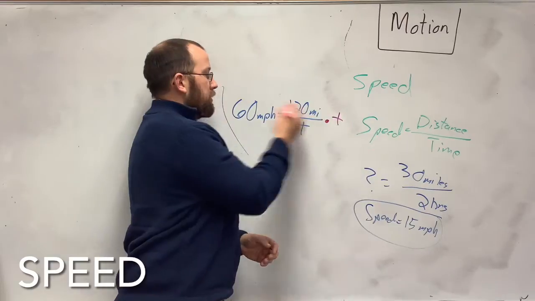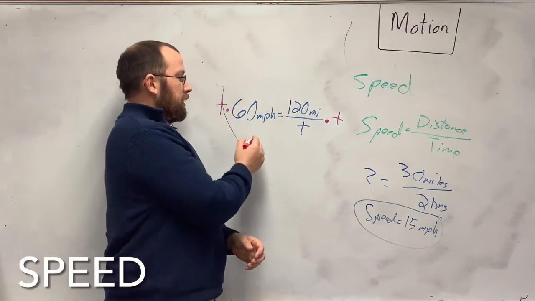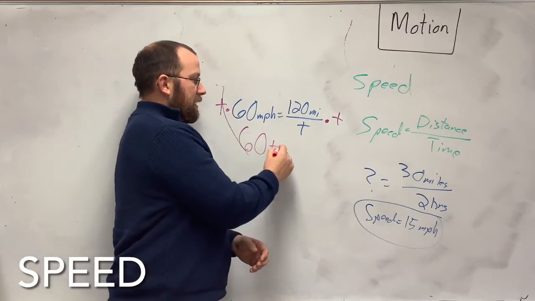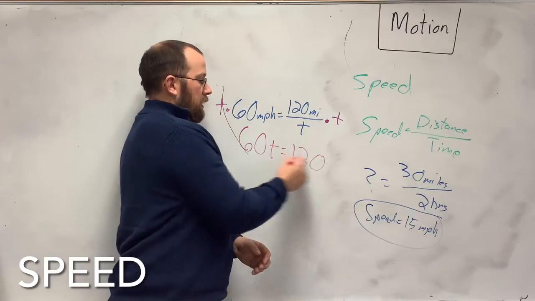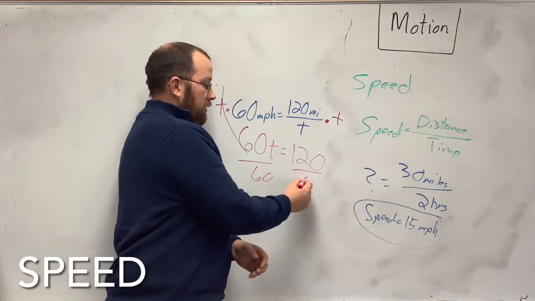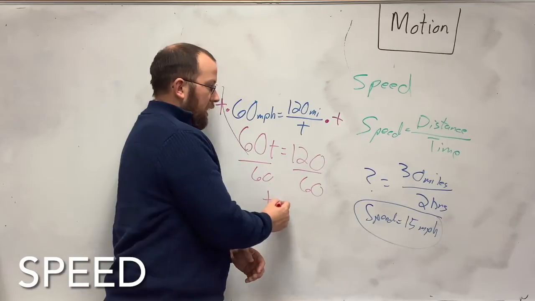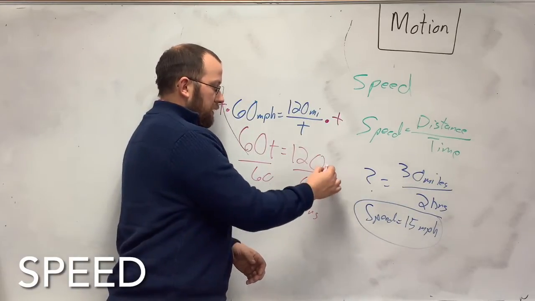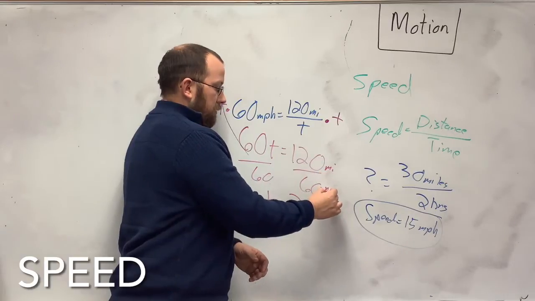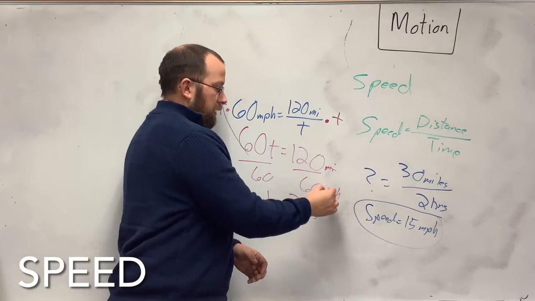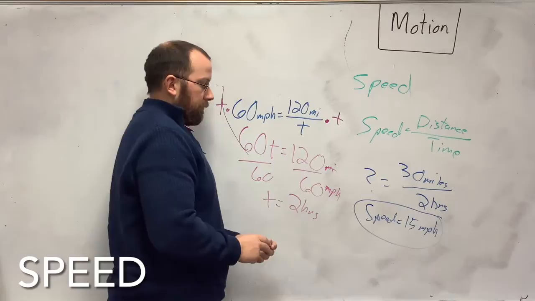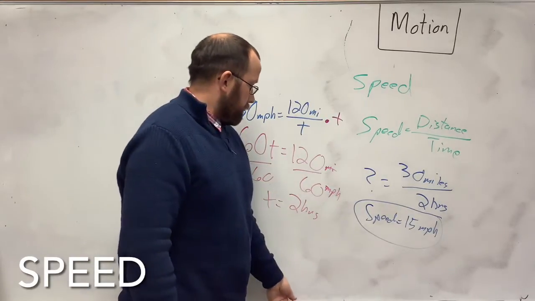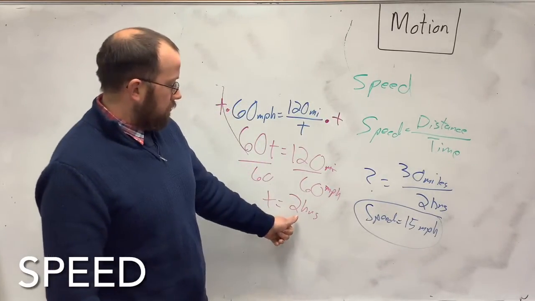So you multiply both sides by the t to move it. So I get 60t equals 120. Then divide by 60, divide by 60. So my time is 2 hours, because this is miles, and this is miles per hour. Miles cancel out, and you have hours left. And there you go. Time, 2 hours.